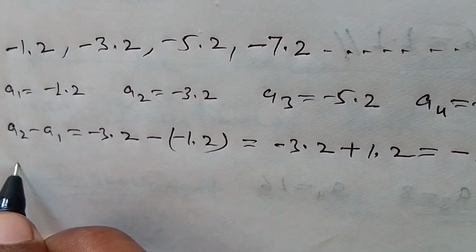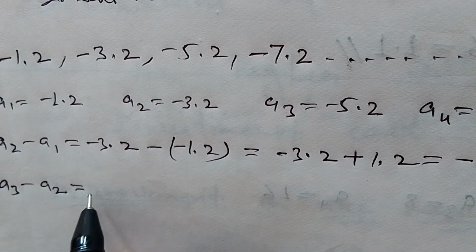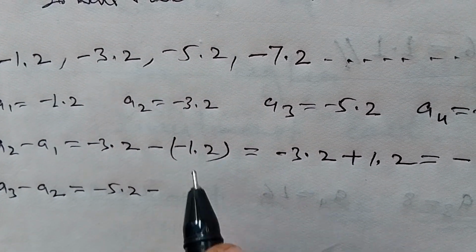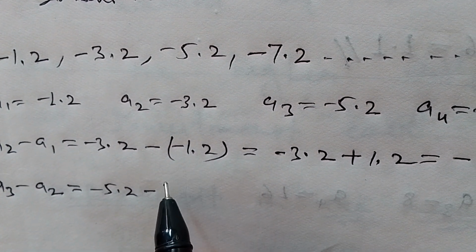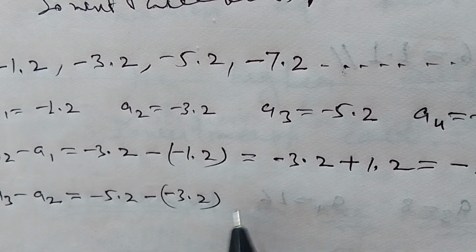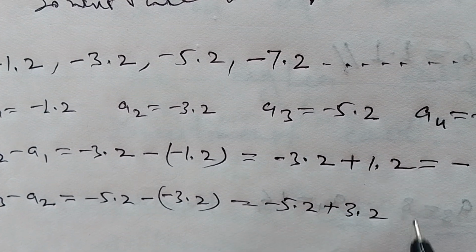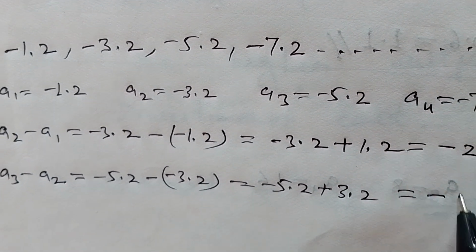Now A3 minus A2, that is minus 5.2 minus A2, that is minus 3.2, minus becomes plus, minus 5.2 plus 3.2, it also comes out to be minus 2.